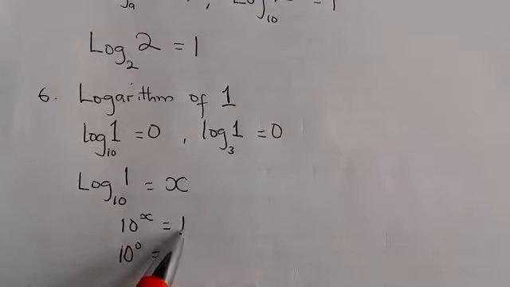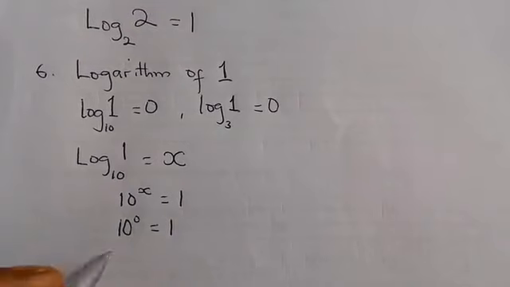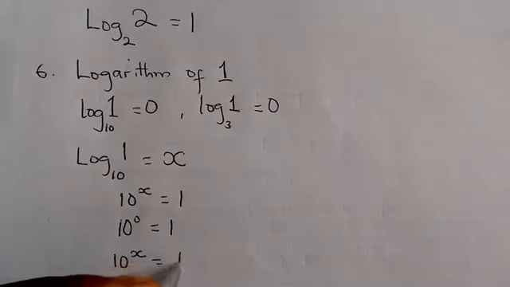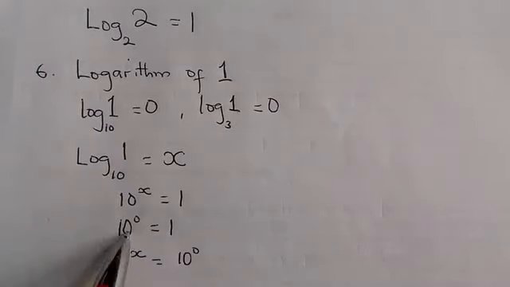So it implies that for us to have this expression in such a way that the bases are the same, so that we can equate their power, we are going to replace this 1 with 10 raised to the power of 0, so that we have 10 raised to the power of x equal to 10 raised to the power 0, since 10 raised to the power 0 is the same thing as 1.